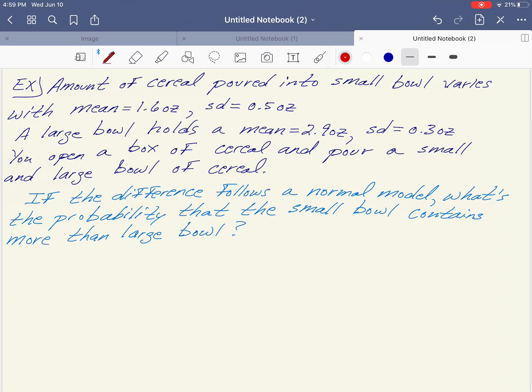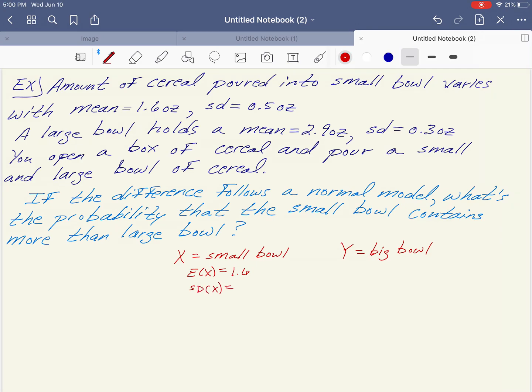So first, let's represent our two random variables. X can represent the small bowl, and y will represent the big bowl. And we have some information here. For the small bowl, we know that E of x, the expected value for the small bowl, is 1.6.